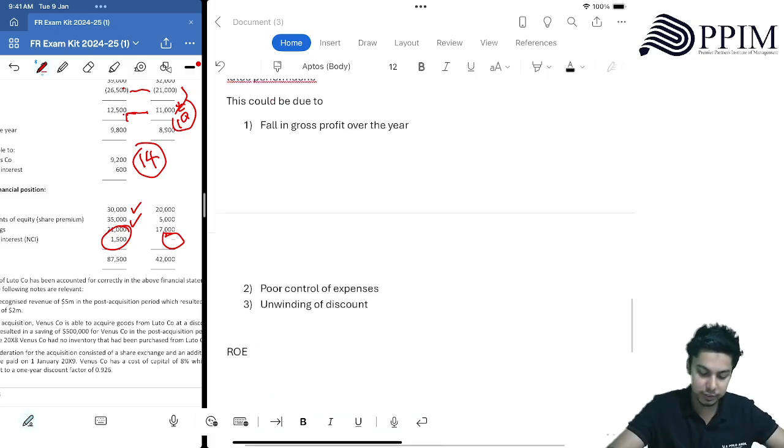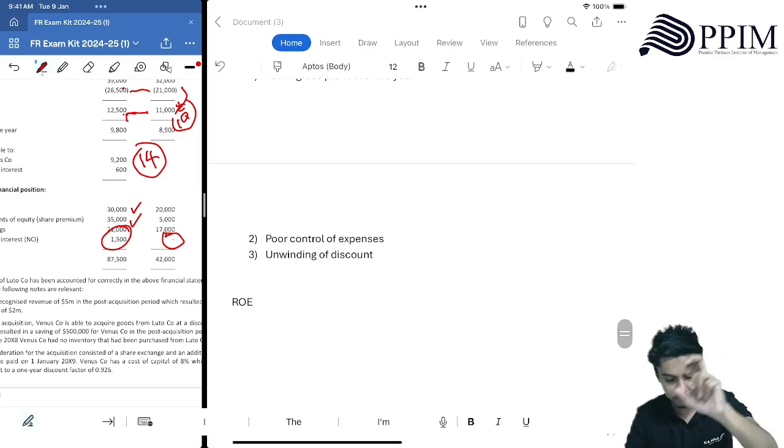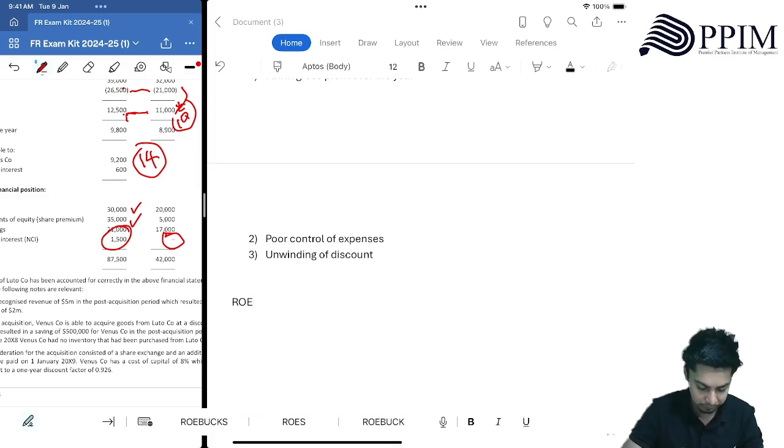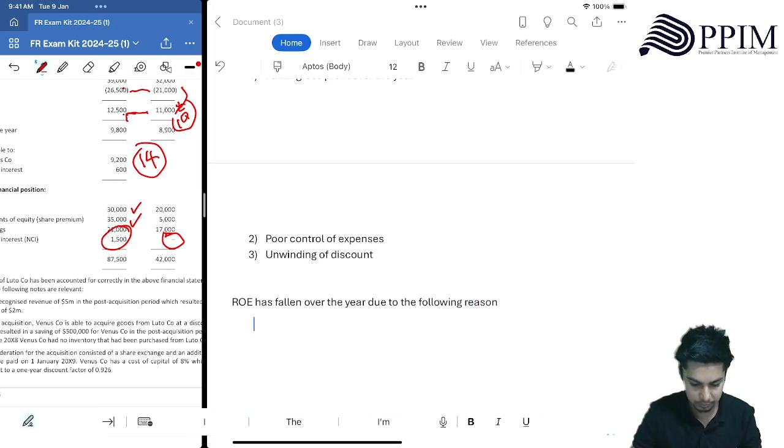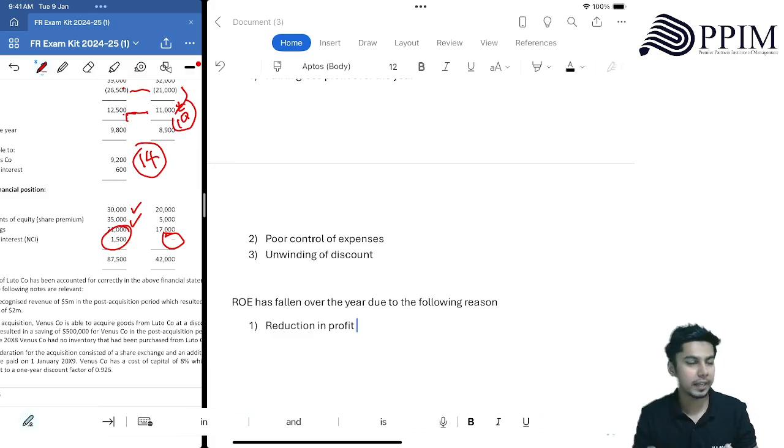All okay? Let's quickly write those, so let's summarize it faster. ROE has fallen over the year due to the following reasons. Number one, reduction in profit. If you want, you can write reduction of profit due to the points stated above.